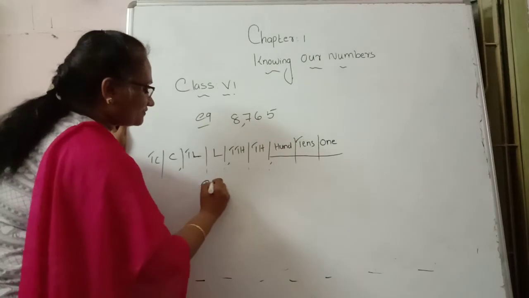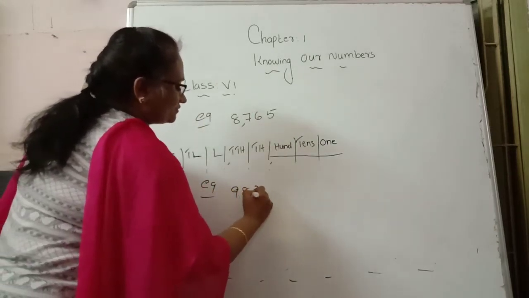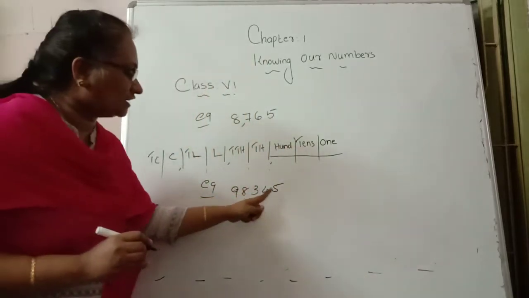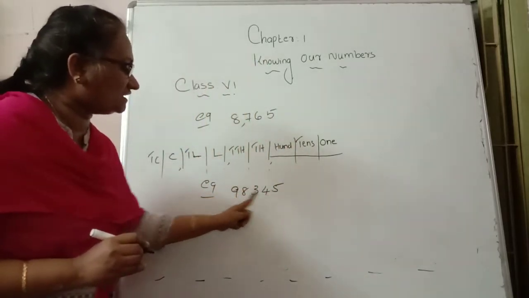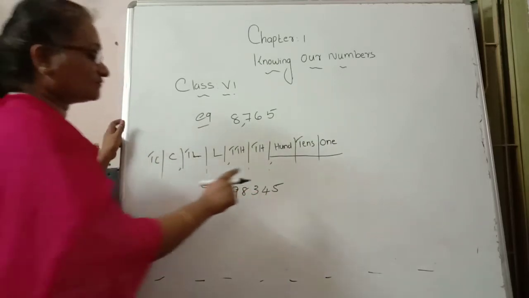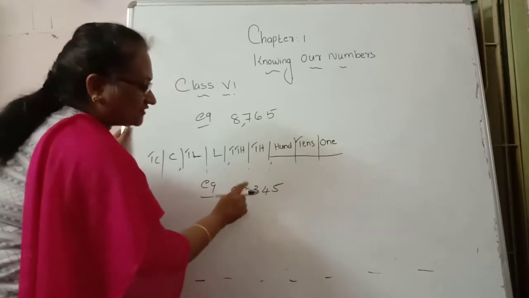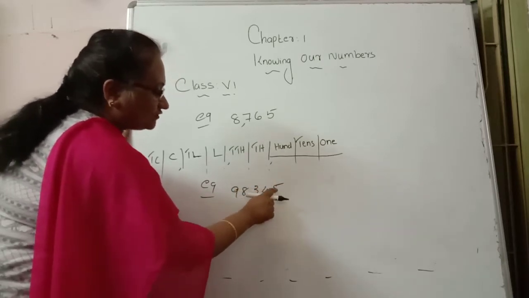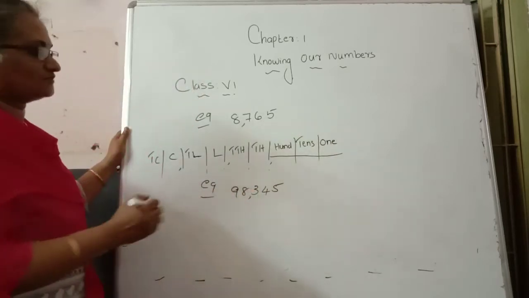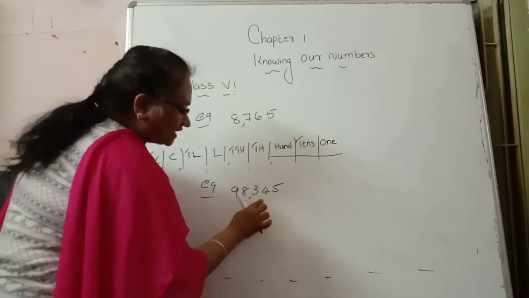First see how many digits are there. 1, 2, 3, 4, 5 digits, so it is a 5 digit number. How to put the comma from right to left? 1's, 10's, 100, after that we keep a comma. These three numbers are in one group.